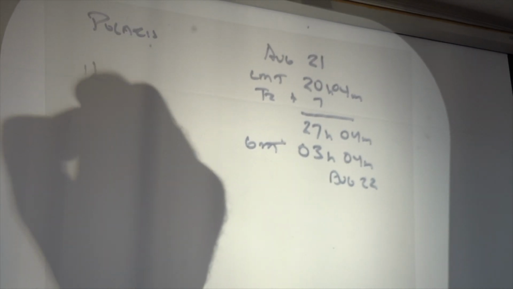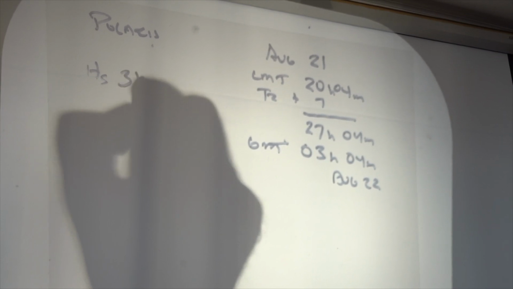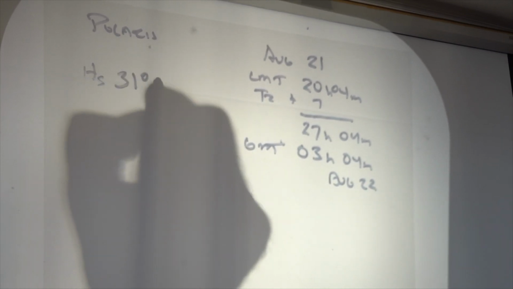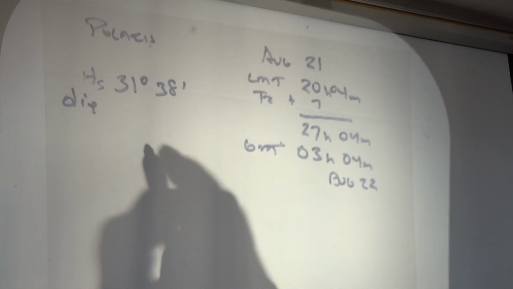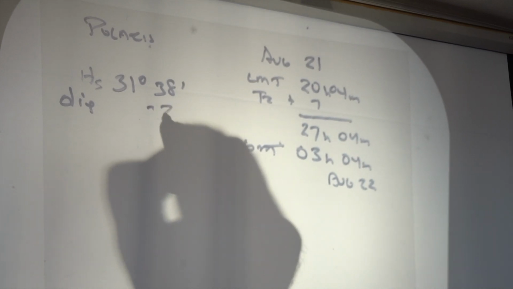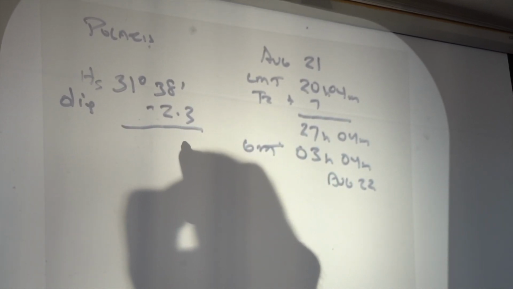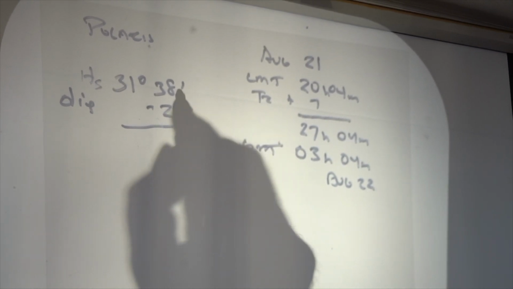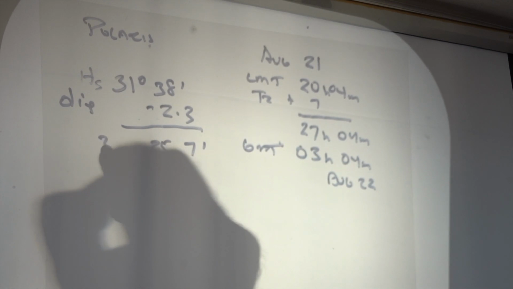And we said that the HS was, I believe I said it was 31 degrees, what was it? 38 minutes. Okay. So our dip that we get at 5 feet is what? 2.3. Last time you used 2.3. Okay, we'll stick with that. It's a winning combination. Okay, so 38 minus 2.3 is 35.7, 31 degrees.